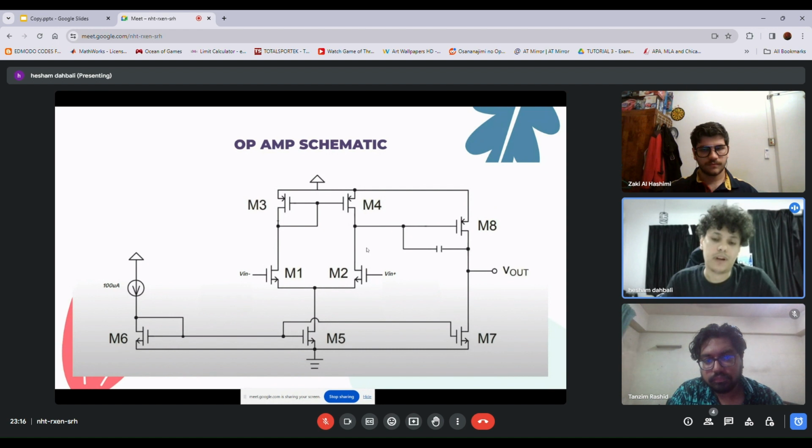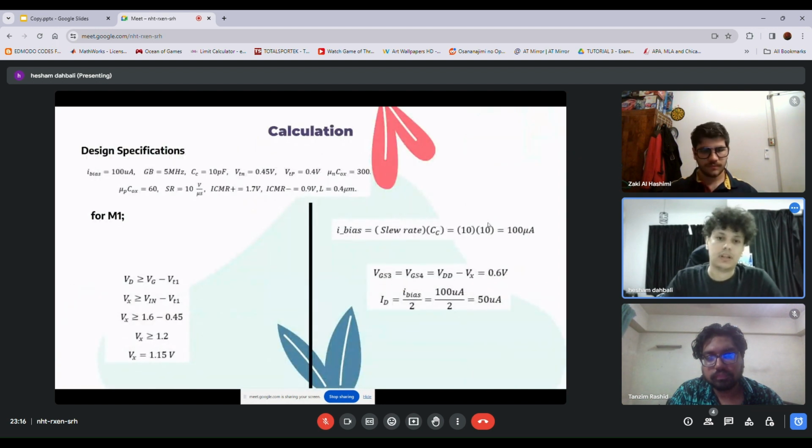The differential amplifier provides us with the gain, while the common source amplifier provides us with the voltage swing. We will discuss the calculation that we followed to develop this circuit and to choose the correct widths and lengths.